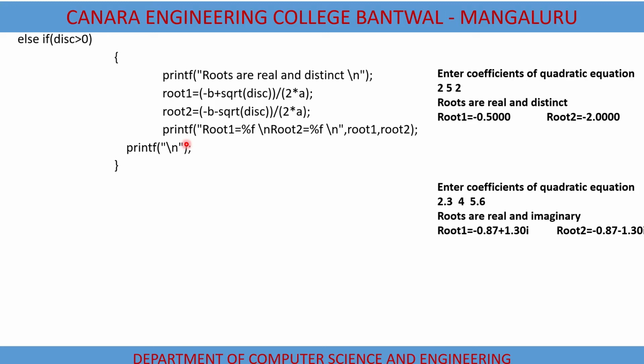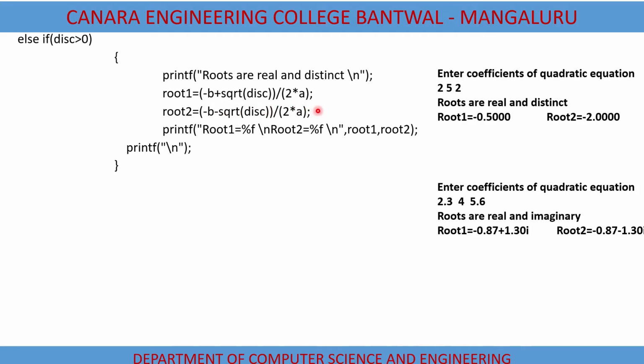Now here, if the previous condition is false and the discriminant value is greater than 0, then it is going to print the message as roots are real and distinct, and it is going to calculate root 1 is equal to minus b plus square root of discriminant value divided by 2 into a. Similarly, it is going to calculate root 2 is equal to minus b minus square root of discriminant value divided by 2 into a.